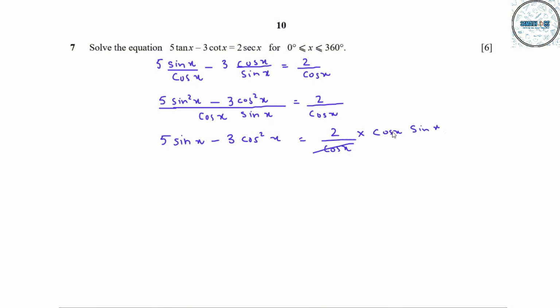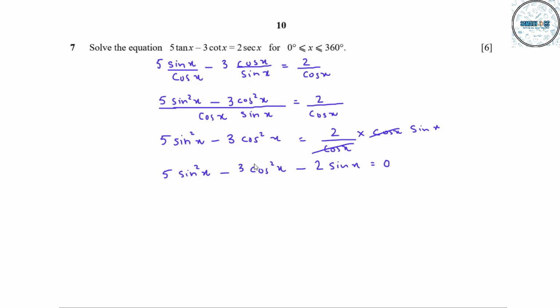So we will be left with 2 sin x. And when we take this 2 sin x on this side, it will be minus 2 sin x. Now we have the equation in terms of sin and cos.